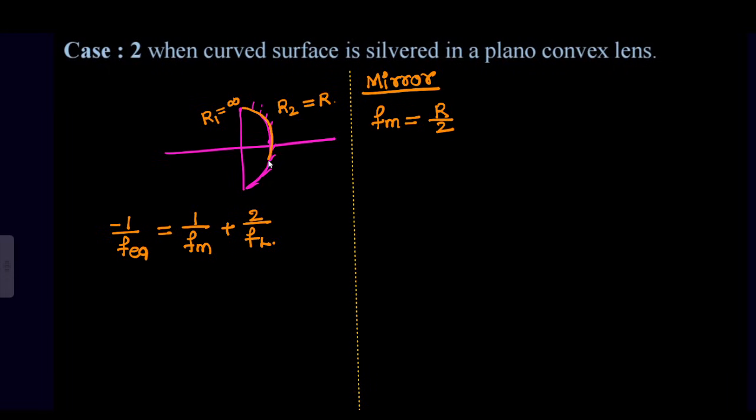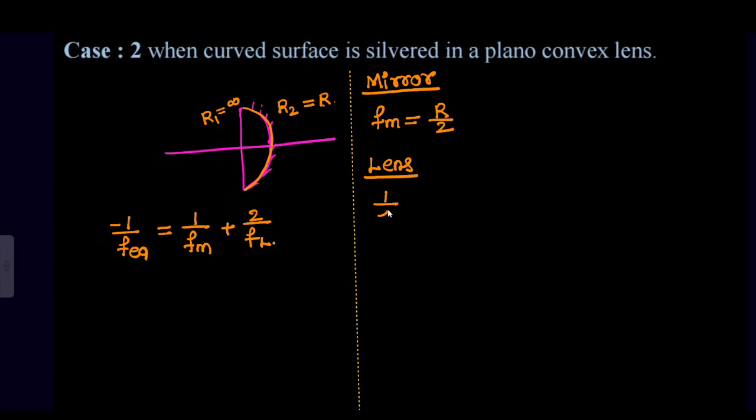This radius is R, so that is my R by 2. Next, we need to find the focal length of the lens also.